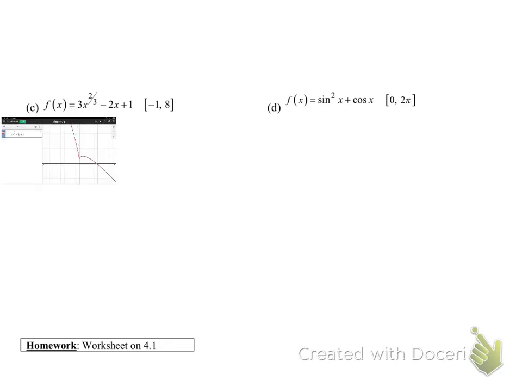And when you graph it, you see something that looks like a minimum where x is 0, and you also have a maximum here, but it's not quite the absolute maximum.